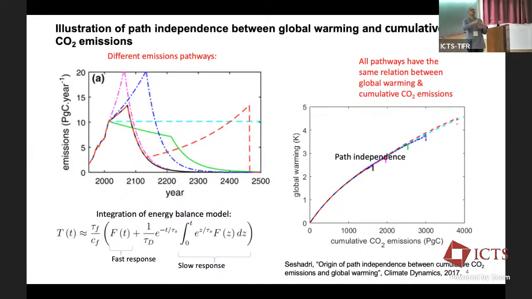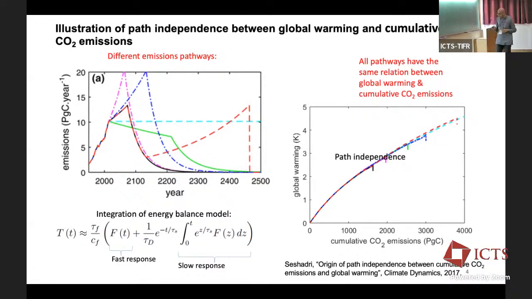And the deep ocean interacting with the fast subsystem gives us the 2 time constants. The fact that we know that atmosphere and ocean have different levels of response gave the intuition for the model, and that is what is reflected here. So there's some intuition that there are these 2 different time scales involved, and so we build in these models the global mean climate response in terms of 2 ODEs. Yes.